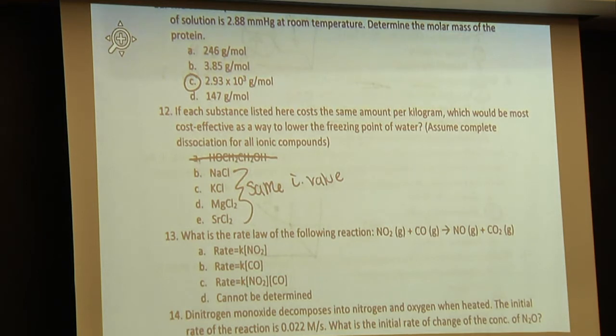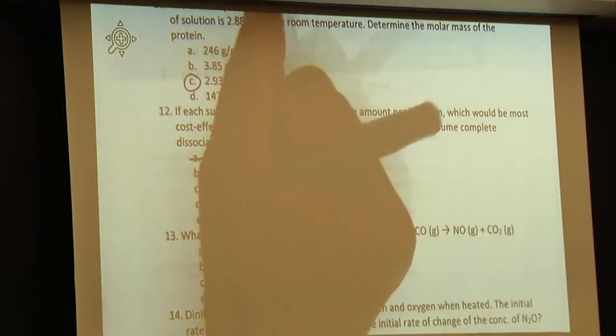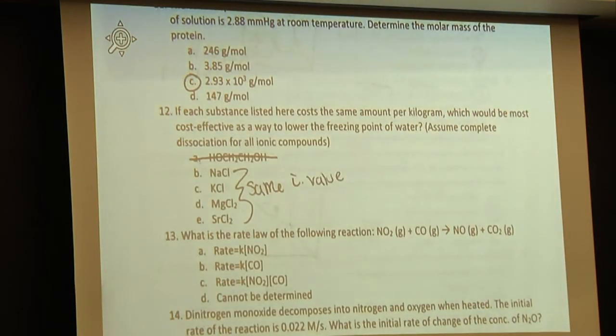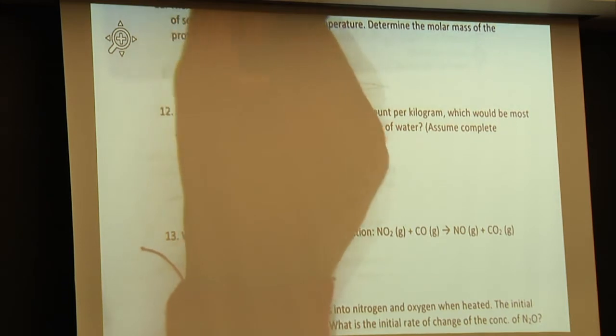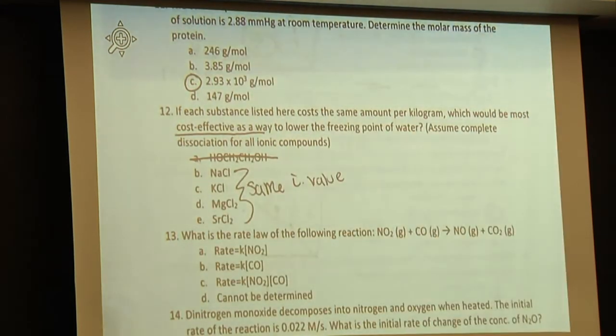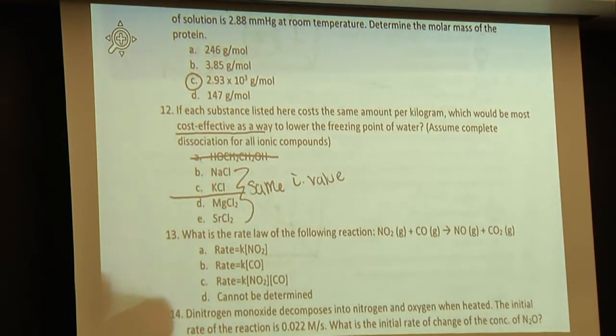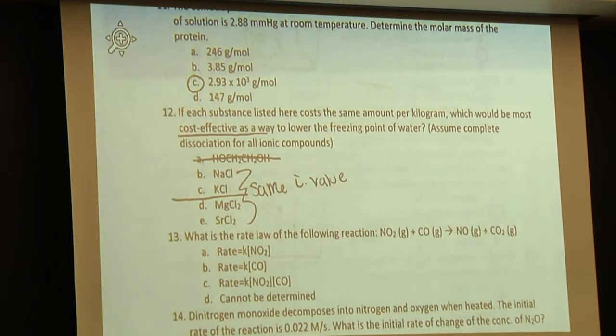So all of them have chloride ions, right? And we know chloride is 35.45 on your periodic table. So these two would be the heavier ones versus B and C. So we're trying to look at the cost-effective way to lower the freezing point of water. So we need to decide, are we looking for the heavier one or the smaller one, right? So distinction between B and C and D and E.